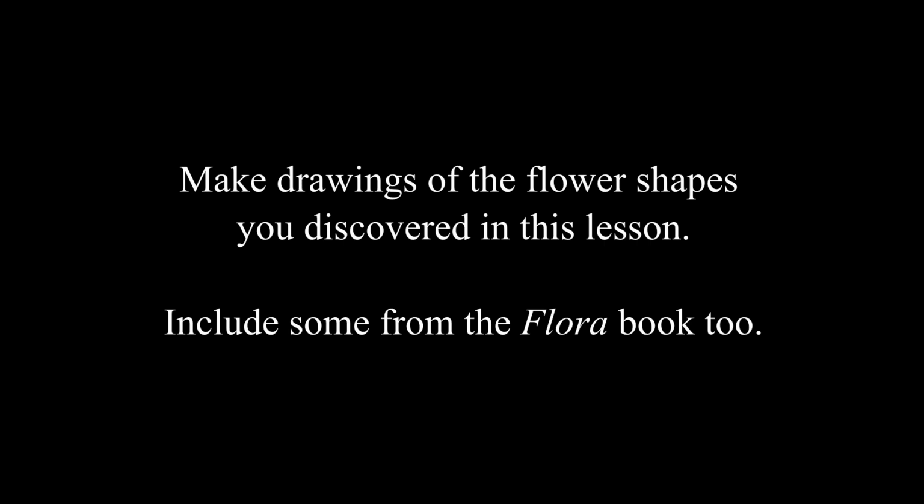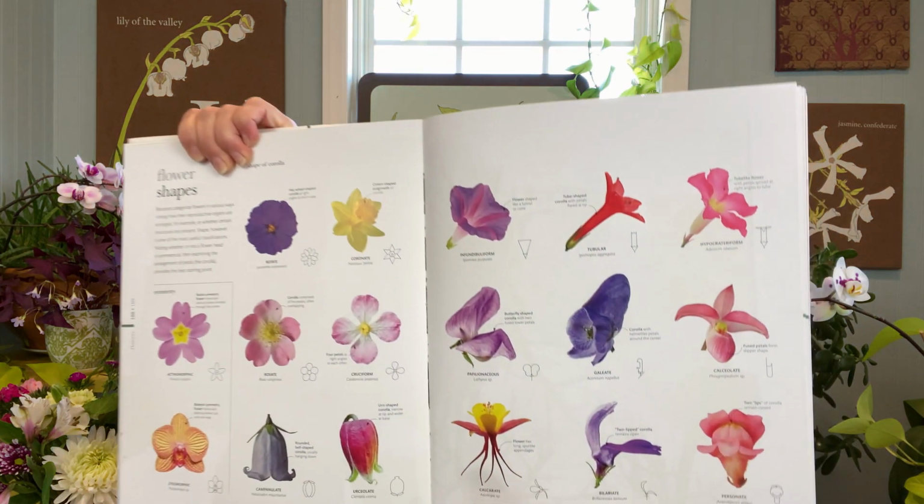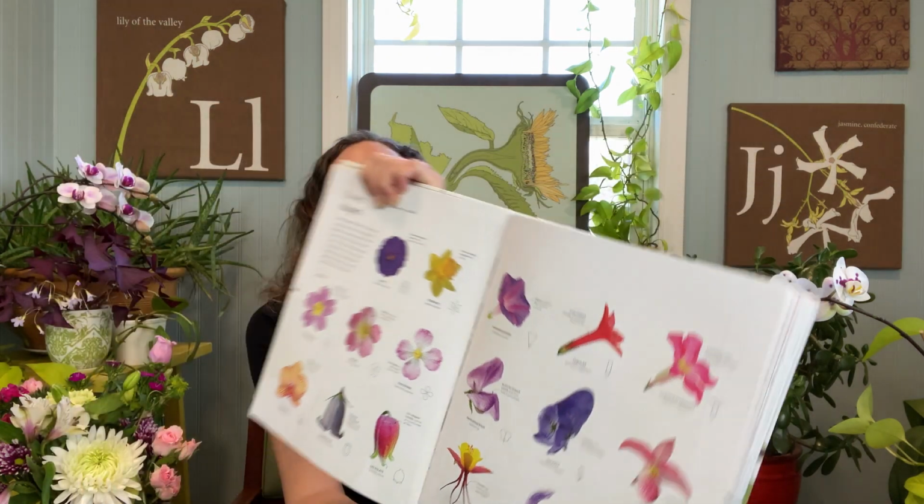For your journal activities, there are two. The first is to make drawings of the flower shapes that you discovered in this lesson. You can include some from the Flora book as well. So if you can't find all these, which I couldn't, but some of these are really great. So they're all of these flower shapes.